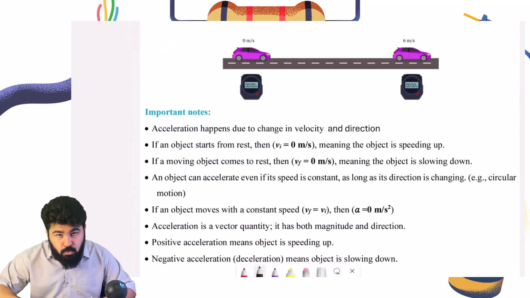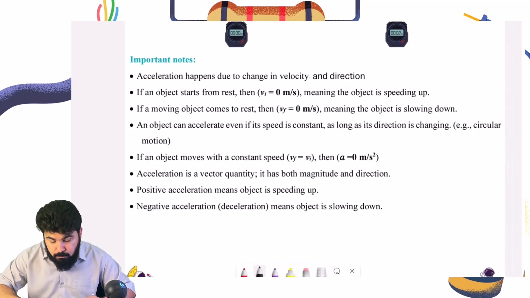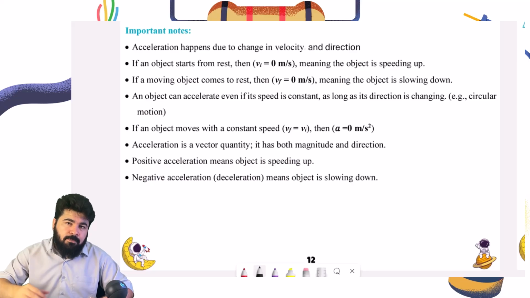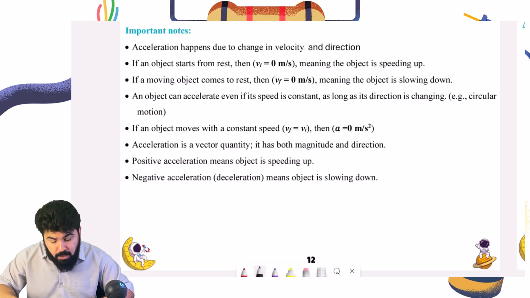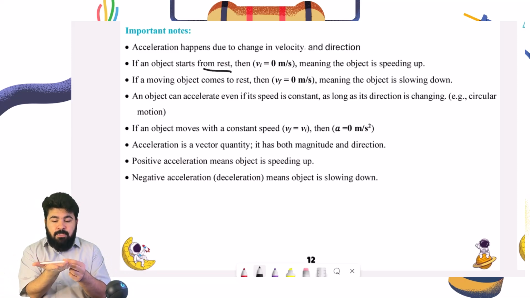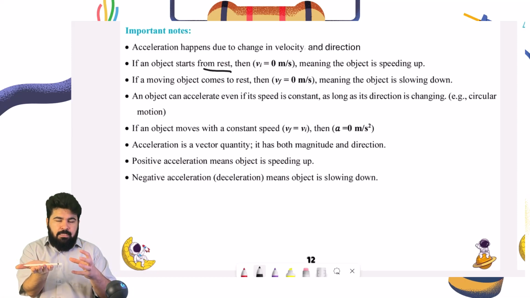We have some notes that you should know when you are dealing with acceleration. Acceleration happens due to a change in velocity or direction. It can be both, or it can be just one of them. If an object starts from rest, it is at rest, not moving.